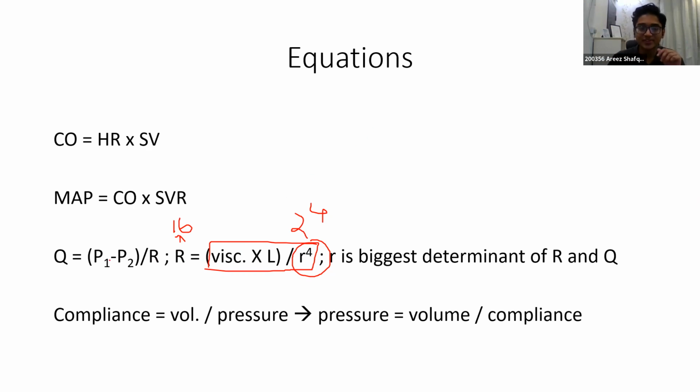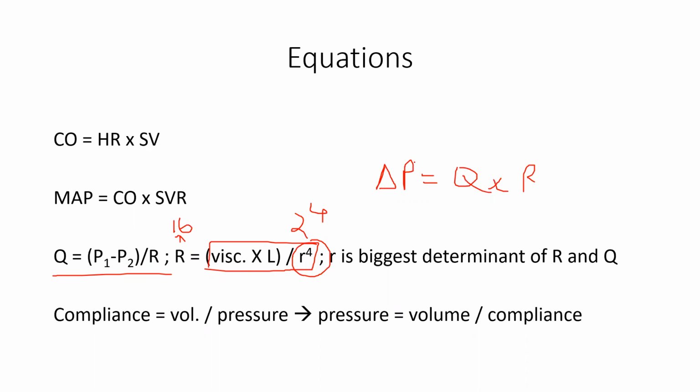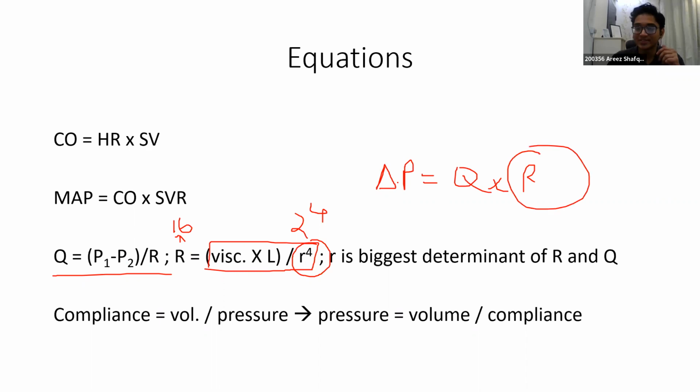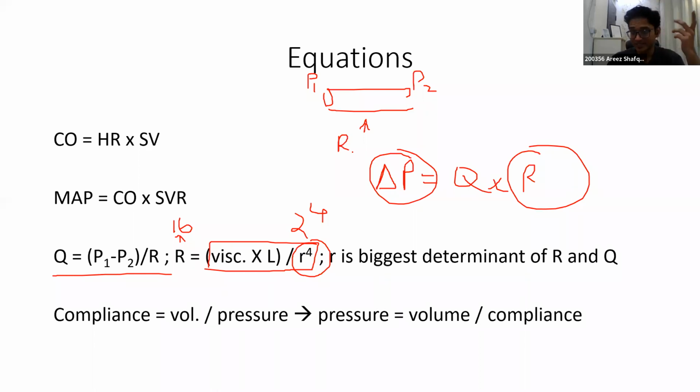The second concept is, if you rearrange this equation, you get pressure gradient equals Q times R. I've just multiplied both sides by R and made pressure the subject, right? Now from this, you can see that resistance and pressure are directly related. What do I mean? If this is a vessel here, and this is P1, this is P2, this will be resistance here, the amount of compression on that vessel, which is radius, right?